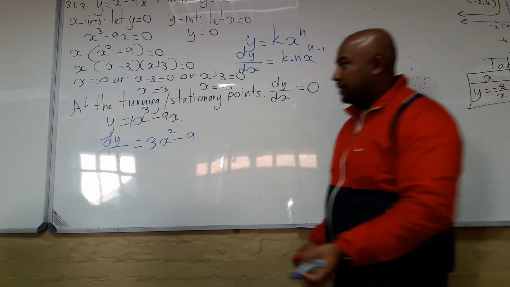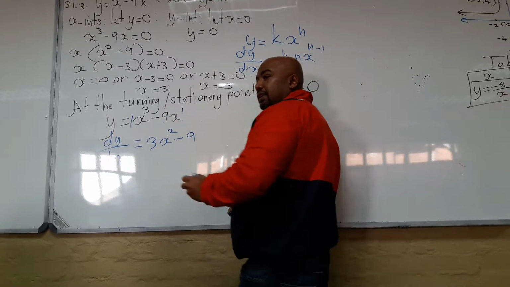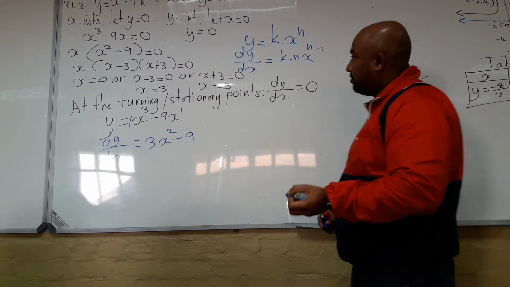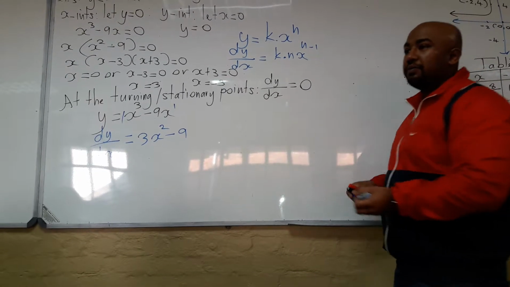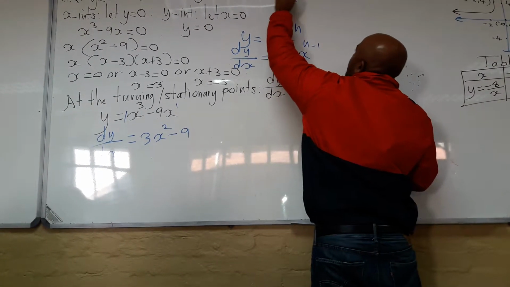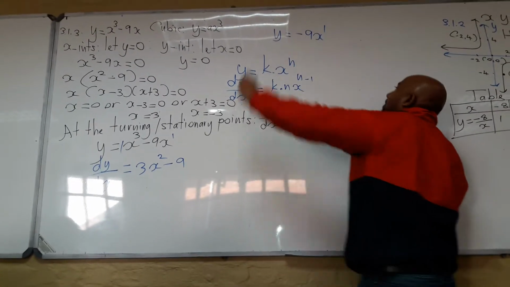Okay. Remember, what was your exponent here? 1. It was a 1. If you are wondering why we are not using this rule, that is just a quick method. Let me just show you quickly. y is equal to minus 9x to the power 1.